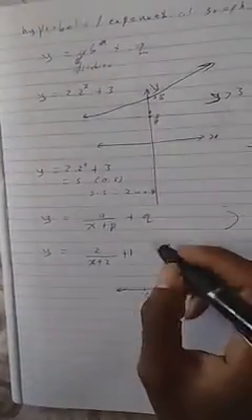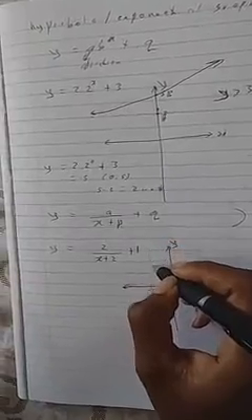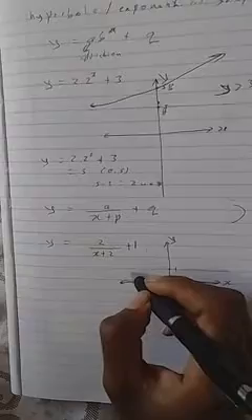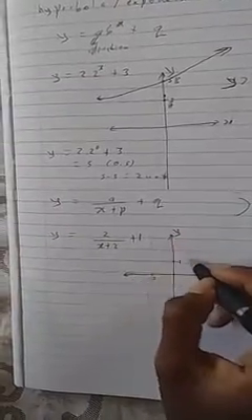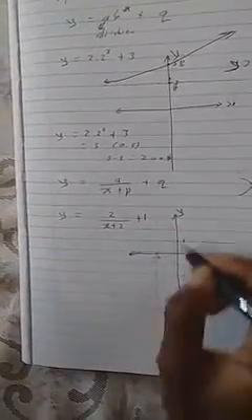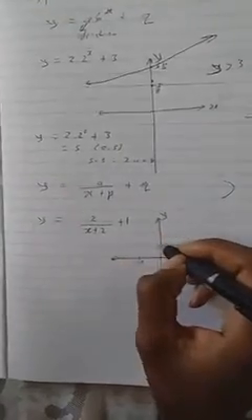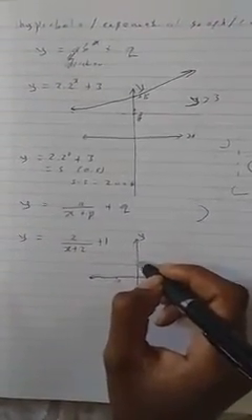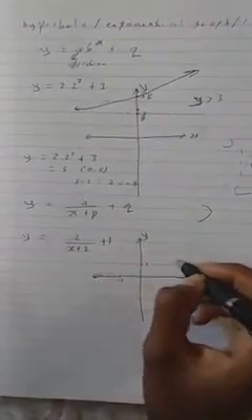Alright, so what we know is that our graph is going to move here. This is the third quadrant, and this is the first quadrant, and this is the third quadrant. Do you see, if we're going to cut y here, meaning we do have a y-intercept, because we're going to cut y here.